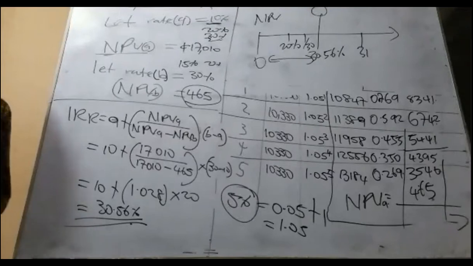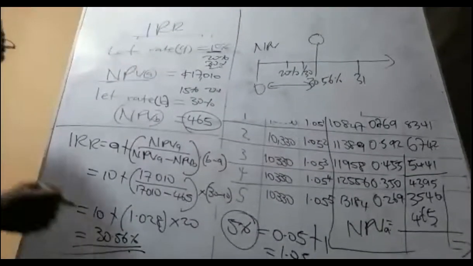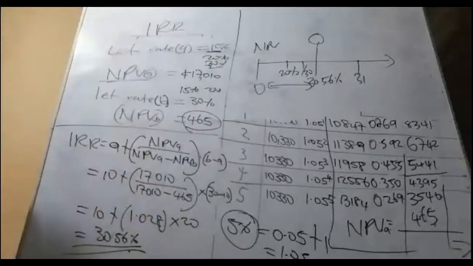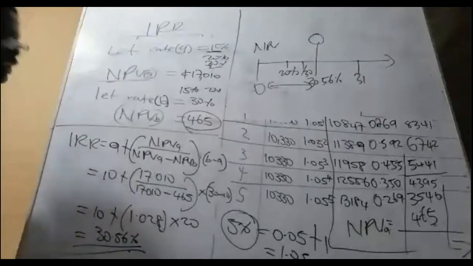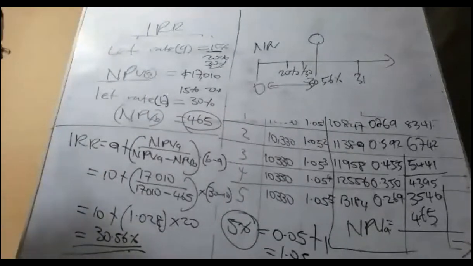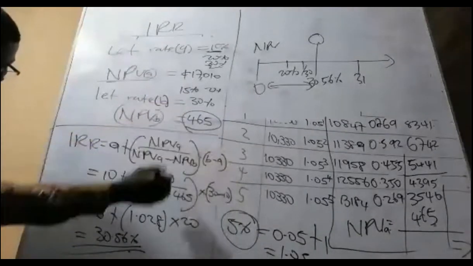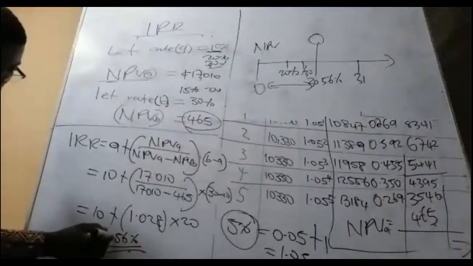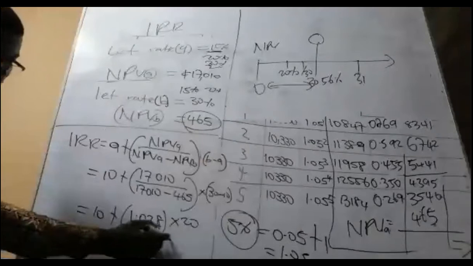Why? Because at the internal rate of return, NPV is 0. Any rate after the internal rate of return, you get negative. If you like, try on your own in your spare time, just use 30.56 to calculate the NPV for this project. You get 0.